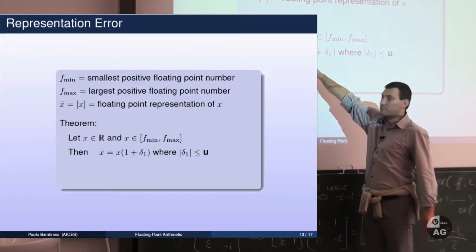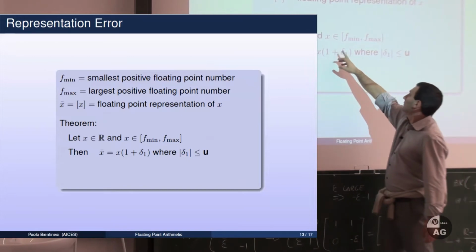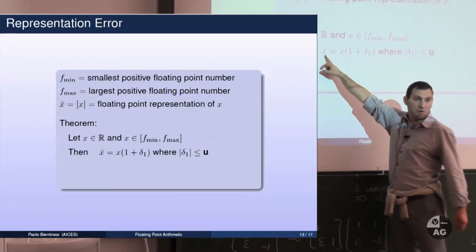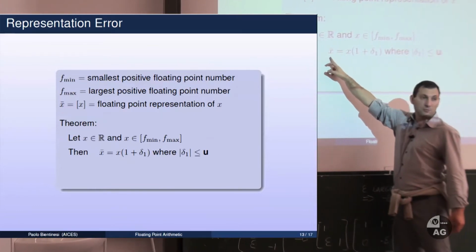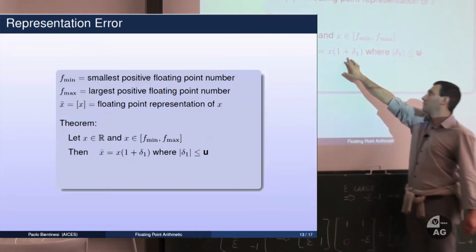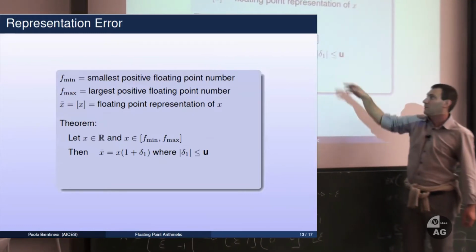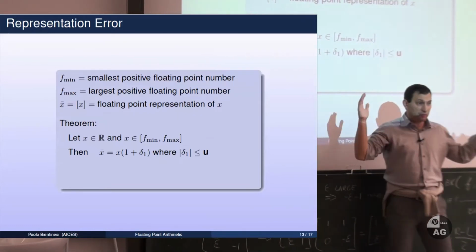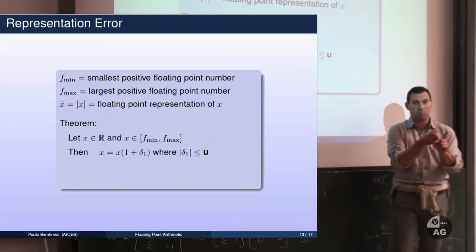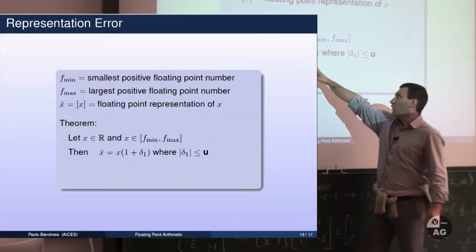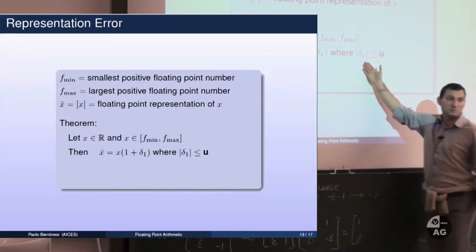We start from this number. x bar is the corresponding floating point number, and the distance between the true number and the floating point number is only a factor of 1 plus delta, and delta is smaller than the machine precision. What does this mean? It doesn't matter where you pick your number, there is always a floating point number in a neighborhood, and how far it is, in relative sense, is only 1 plus delta with a very, very small delta.